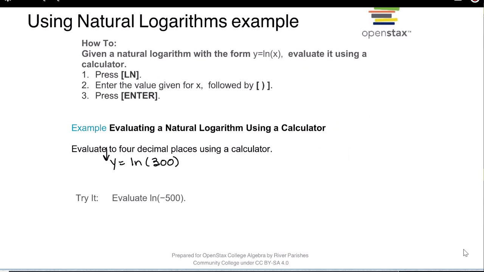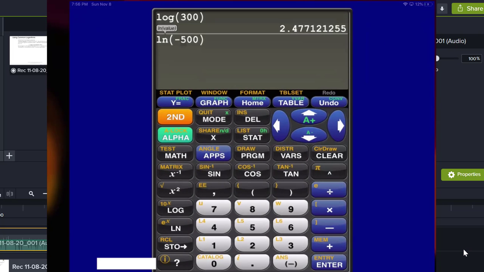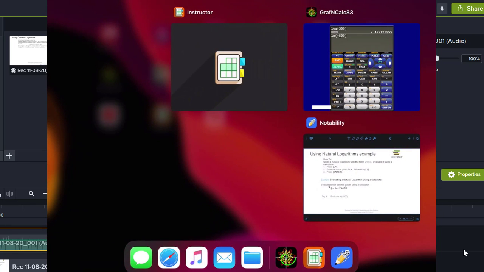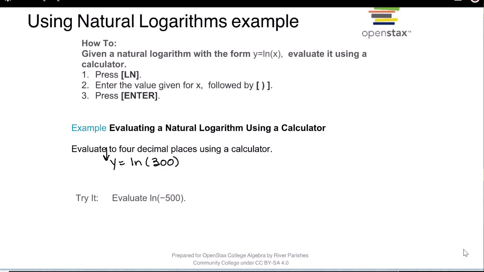To find natural logarithms, we just use the ln function on the calculator. It is in the left-hand column. So if you go to your calculator, you'll look on the left-hand side below log, to the left of -4, you'll see the ln button. So let's look at this example.